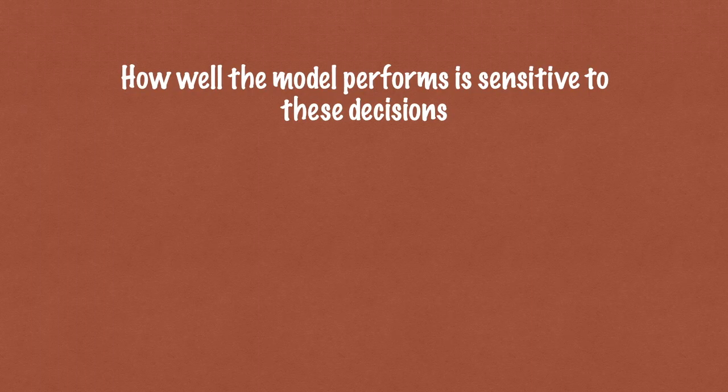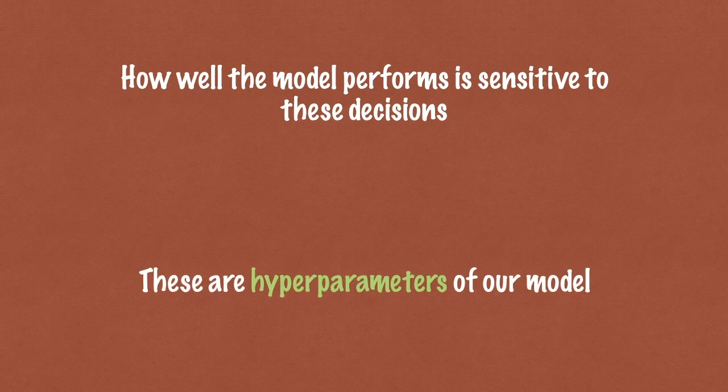All of these factors are some examples of the hyperparameters of our model. The hyperparameters are basically parameters which you keep constant during the training process. You make this design decision of what the hyperparameters are going to be before you start training, but these hyperparameters are held constant during the training process, and how well your model performs is sensitive to these hyperparameters.